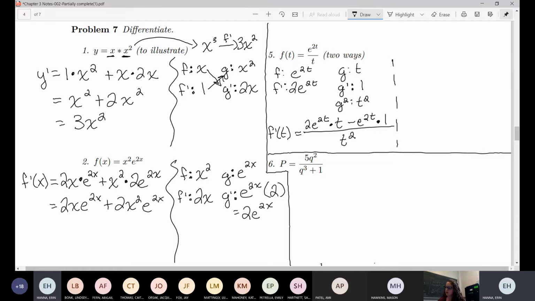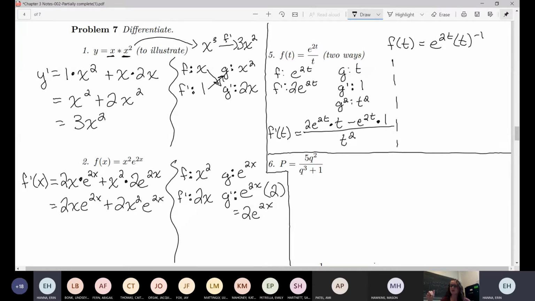Now, technically, we can always do product rule instead of quotient rule. There were some people that I went to school with that absolutely just downright refused to use the quotient rule. I don't quite get it, but whatever floats your boat, because essentially what can happen is you can rewrite the original function, and you can take that thing that's in the denominator and put it to the negative first power.